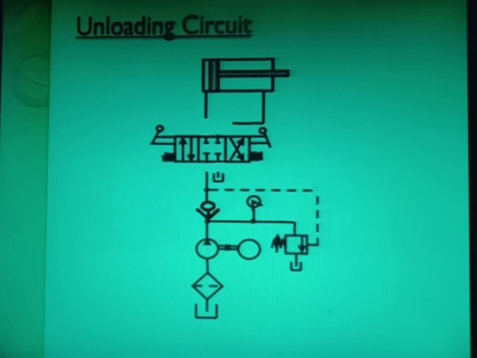This A will be connected to this, P will be connected to this end, B will be connected to this, and this will be connected to the R. But in the central position you can see that all the ports are closed. So in this direction control valve, A port is closed, B port is also closed, P is also closed, R is also closed. So no oil from the pump will flow to the actuator.